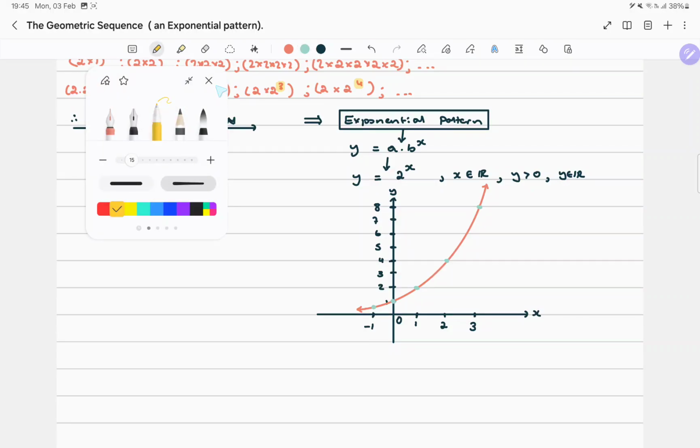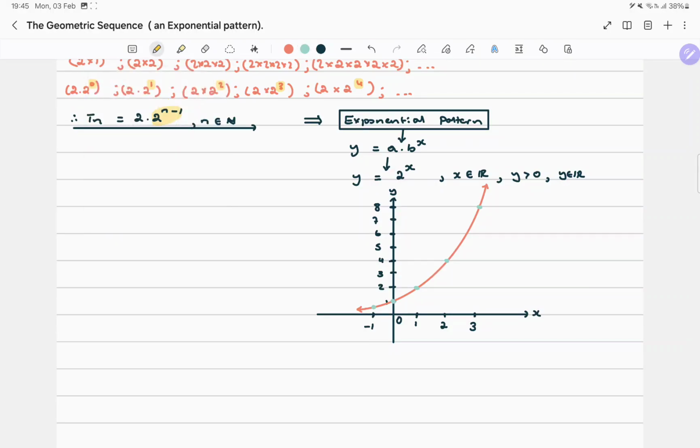All right, so what can we say? We want to study now between these individual terms. What is the ratio? Of course, I'm just going to choose those. So we can see that the ratio between these, 8 divided by 4 is 2. 4 divided by 2 is 2. 2 divided by 1 is 2.